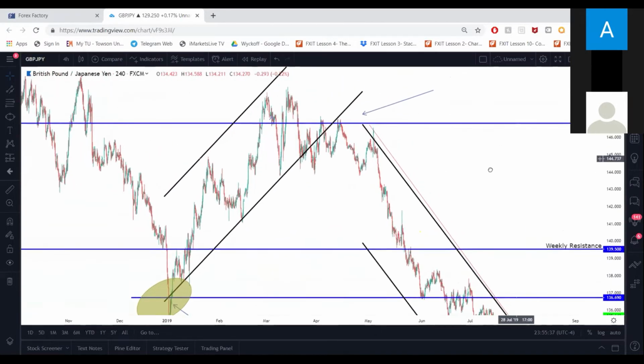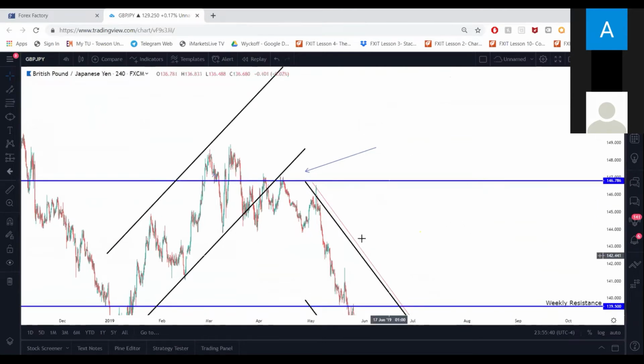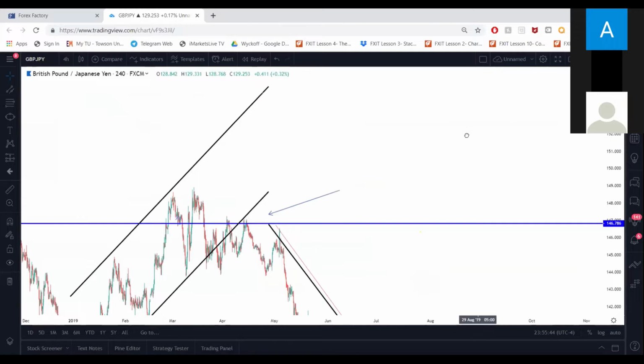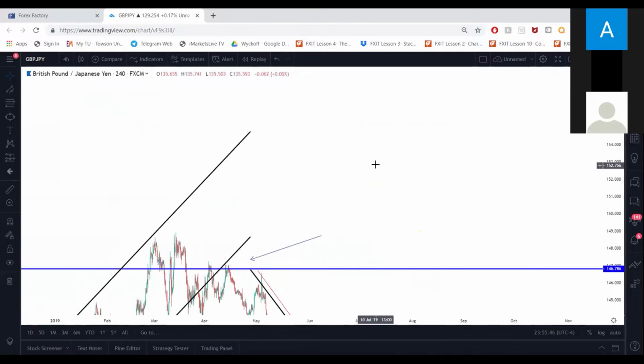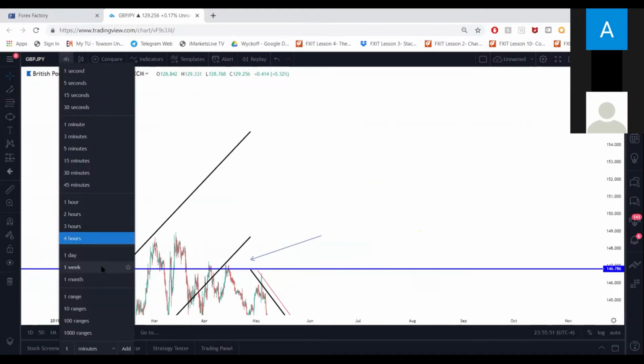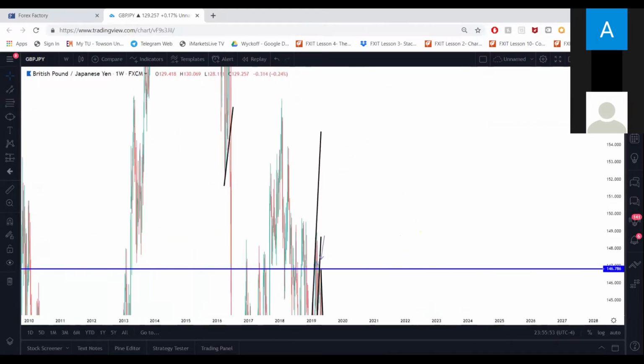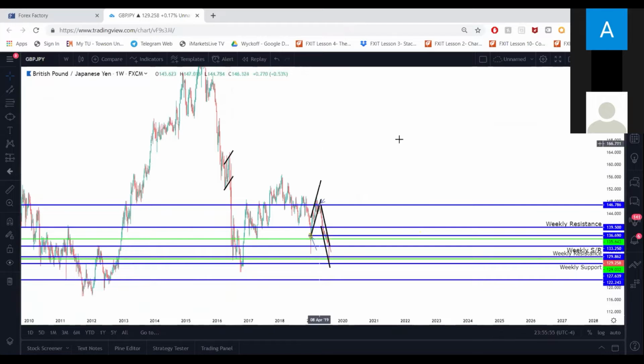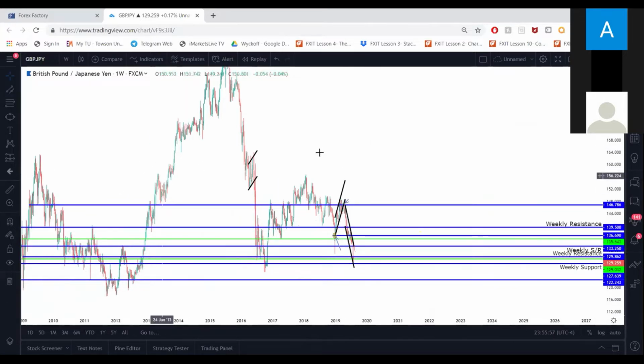The only way you would need to add a fresh zone is if this structure breaks above. We don't have anything here at the moment, but if you go back in history, you can see there was a structure there before.